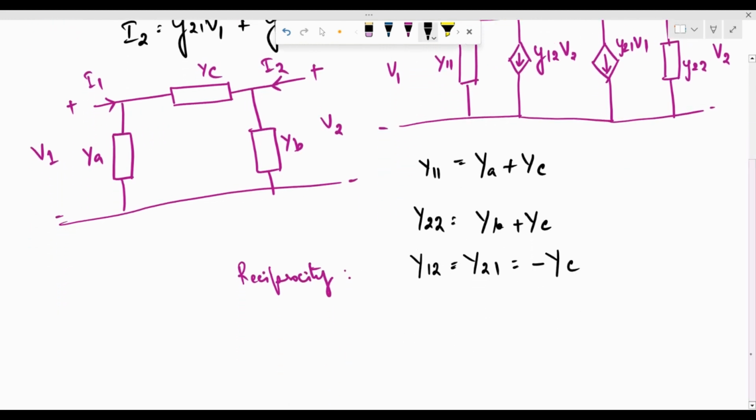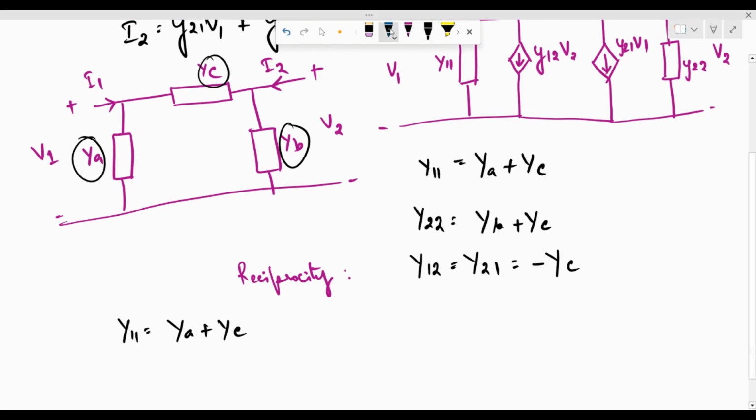So this can be obtained, of course, from these equations where we can short the second port, find out the parameters, and then again short the first port and find out the different parameters. So that would have been discussed in the previous video. Now we need to find out the expression for YA, YB and YC in terms of Y11, Y12, Y21 and Y22, which can be done very simply in the sense that Y11 is YA plus YC.